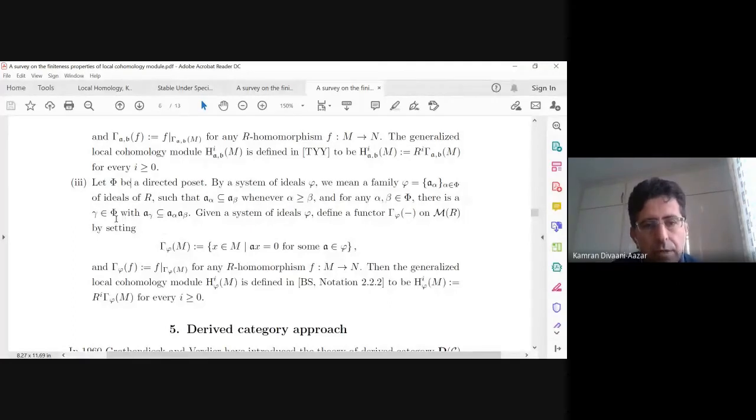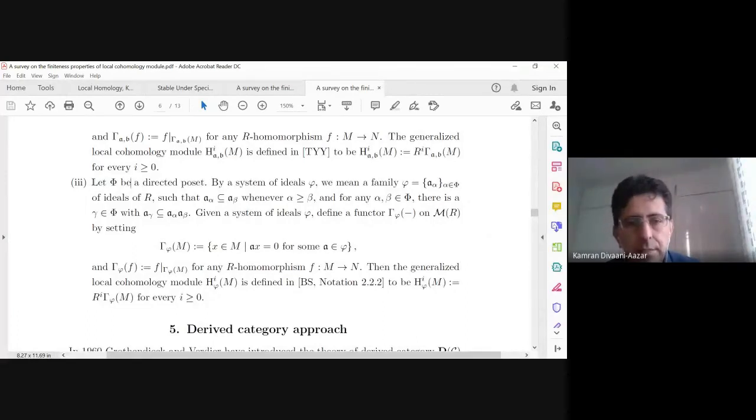If for an ideal A we take phi to be the set of natural powers of A, then readily one can see that this phi is a system of ideals of R, and the ordinary local cohomology of M with respect to A is the same as local cohomology of M with respect to this phi.